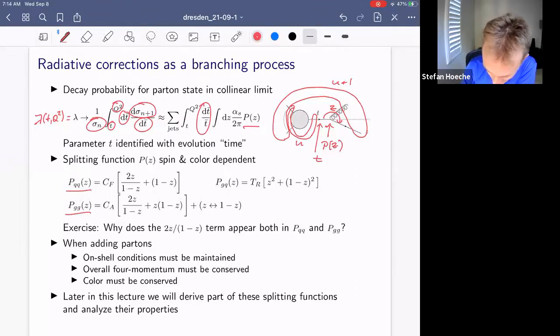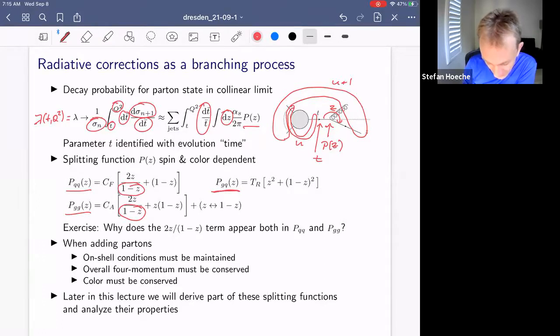And then another point is that when you look at the z integral, there is another leading term in the splitting function, which is shown here, which is actually the same between quarks and gluons, and we will go into some more detail about this later on. So as your first exercise, I'd suggest that you discuss in the recitation session why that term actually appears both in the quark and the gluon splitting function, and it does not appear here in the gluon to gluon bar splitting.